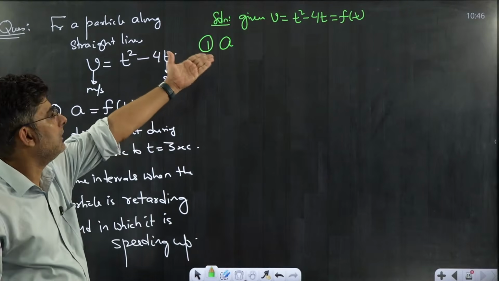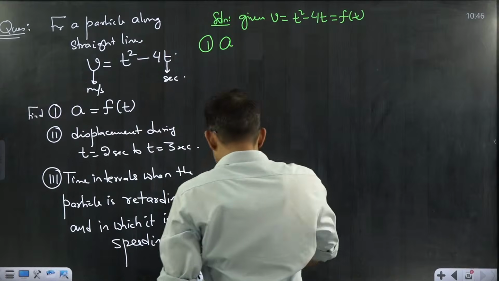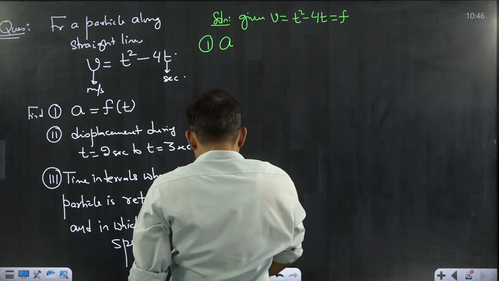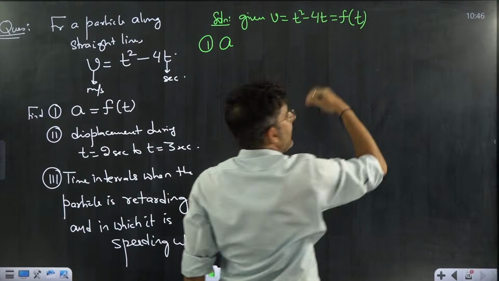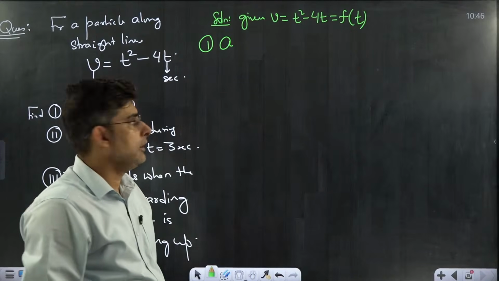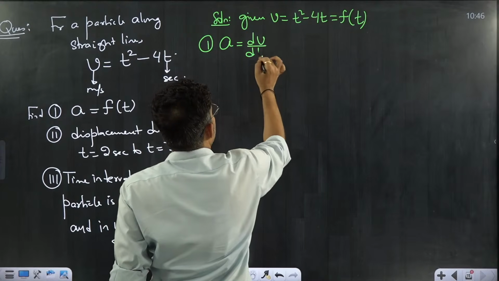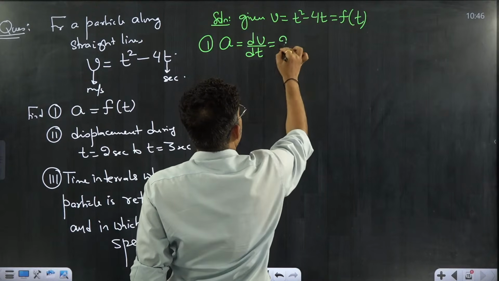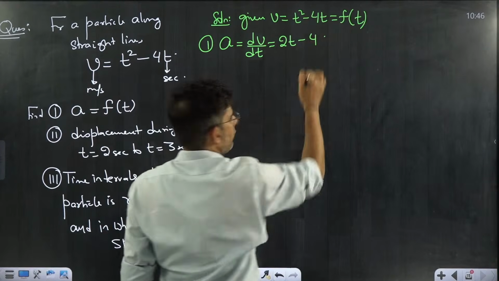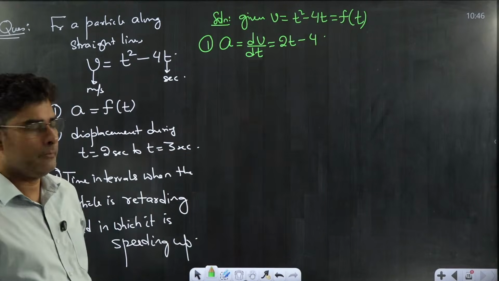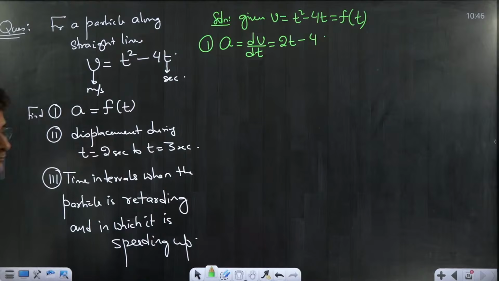You will say, sir, if velocity is a function of time, then we just need to differentiate, that's it. So it is not that we are randomly putting integration or differentiation. Acceleration is asked, so acceleration is dv by dt, that's it. So dv by dt, t square will become 2t and 4t will become 4. Simple, 2t minus 4. So first part is done.